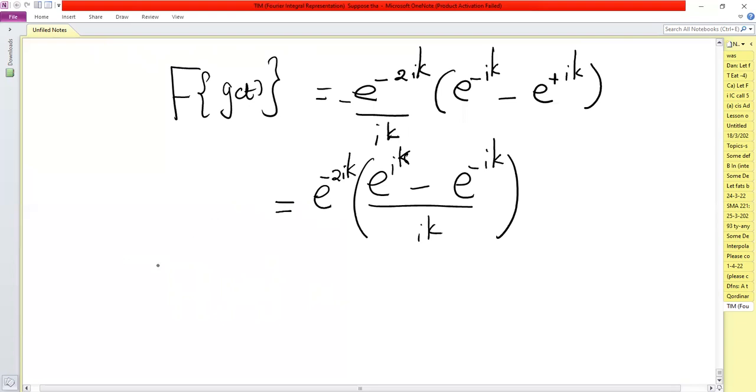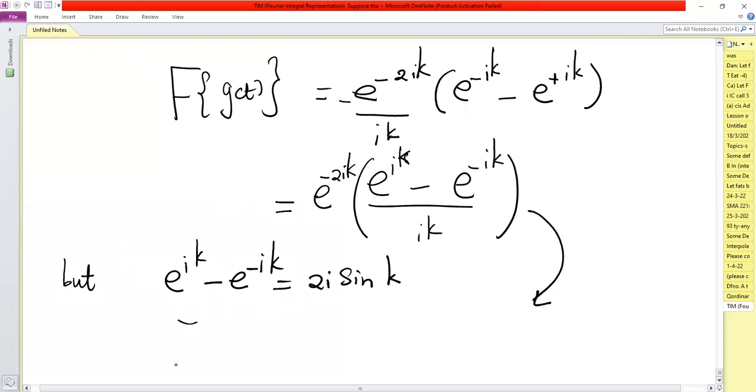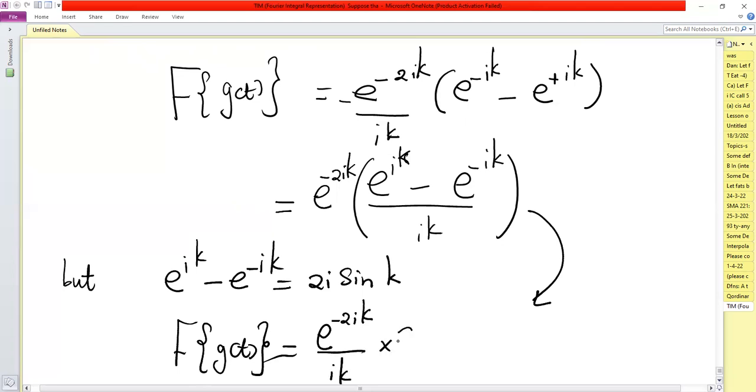But we know from Euler's identity that e raised power i k minus e raised power negative i k is simply 2 i sine of k. So then this step leads us to the Fourier transform of g of t being e raised power minus 2 i k over i k, times 2 i sine k.